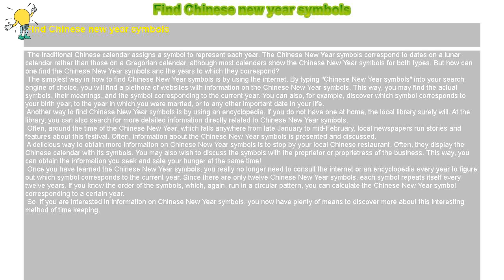If you do not have one at home, the local library surely will. At the library, you can also search for more detailed information directly related to Chinese New Year symbols.